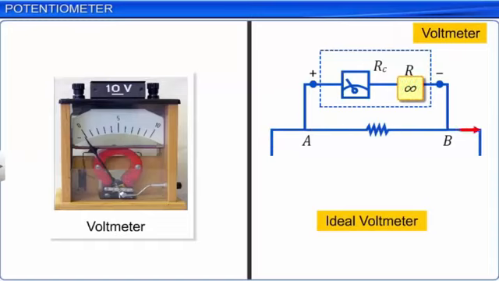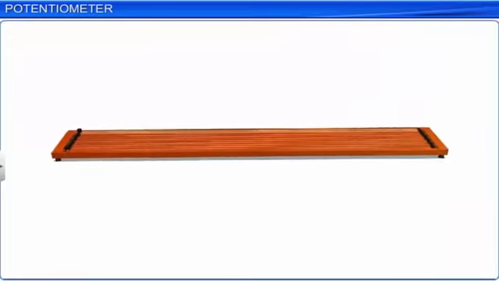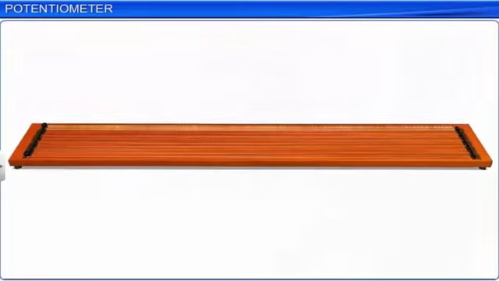As it is not practically possible to have an ideal voltmeter, we prefer to use another device called the stretched wire potentiometer, which measures the potential difference across a resistor without drawing any current from the given circuit. We refer to the stretched wire potentiometer as a potentiometer in our context.